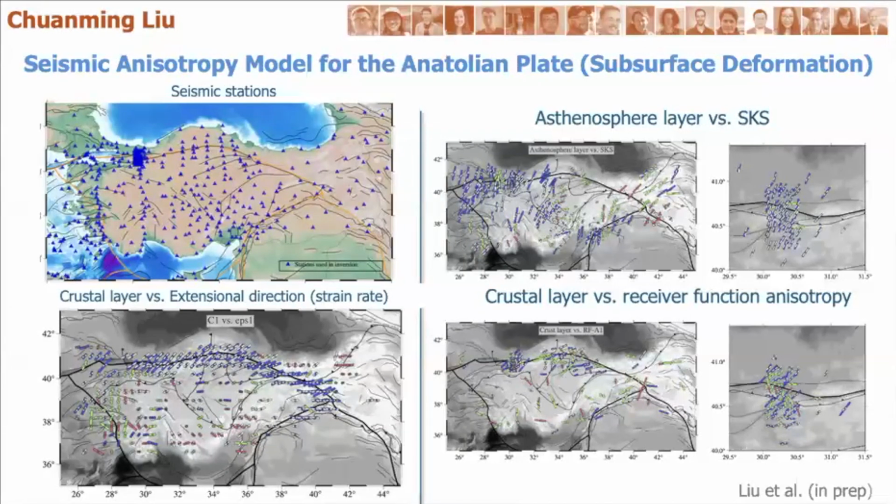Blue color indicates they're consistent with each other, and we can see very nice coherence between our fast rotations from the seismic anisotropy and the geodetic measurements. Over the two large scale structural fault zones, this mainly can be explained by the delocalization of the fault deformation in the lower crust.